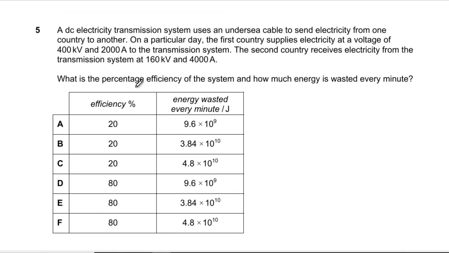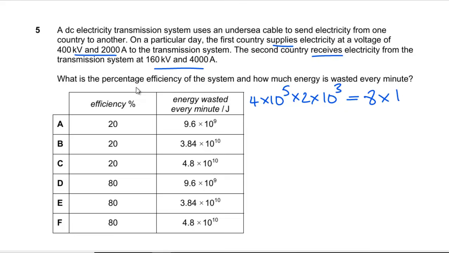Question 5. DC electricity transmission. On a particular day, we supply that and receive this. What is the percentage efficiency? How much energy is wasted every minute? Right, so we're supplying a wattage of 4 times 10 to the 5 times 2 times 10 to the 3.